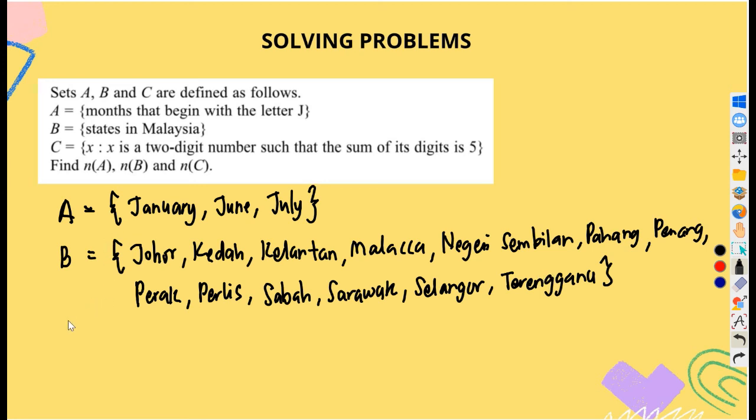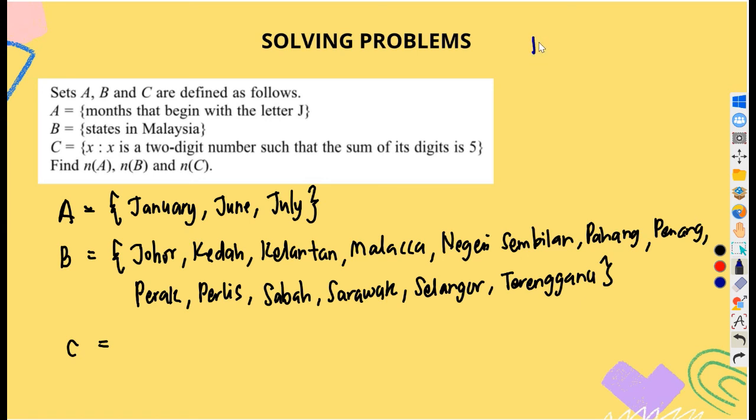Okay, so for set C, x is a 2-digit number such that the sum of its digits is 5. So we have two-digit numbers here.